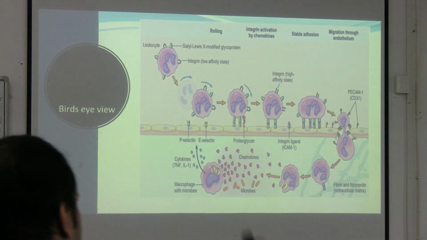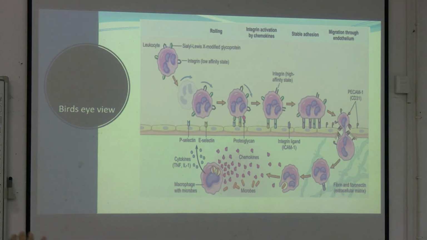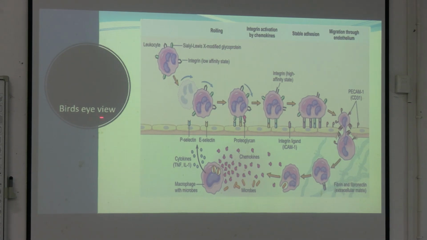So this is basically the entire bird's eye view. This is exactly how it happens. The leukocytes are in the circulation and assume a peripheral position.